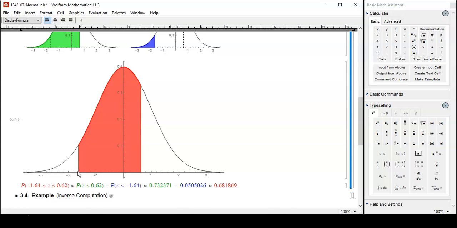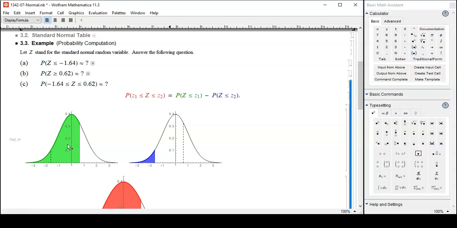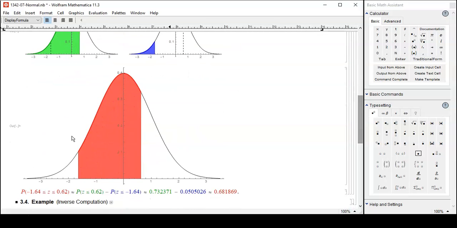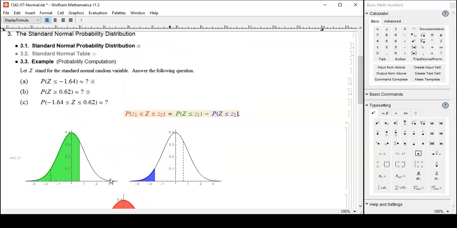So between negative 1.64 and 0.62, I want this one in the middle. How do I get that? If I want an area in between, the typical thing to do is subtract the smaller area from the bigger area. And basically this big green minus small blue, and you're going to get the middle part. Make sense? So this one we want here, it comes from this green minus blue. This big minus this little.